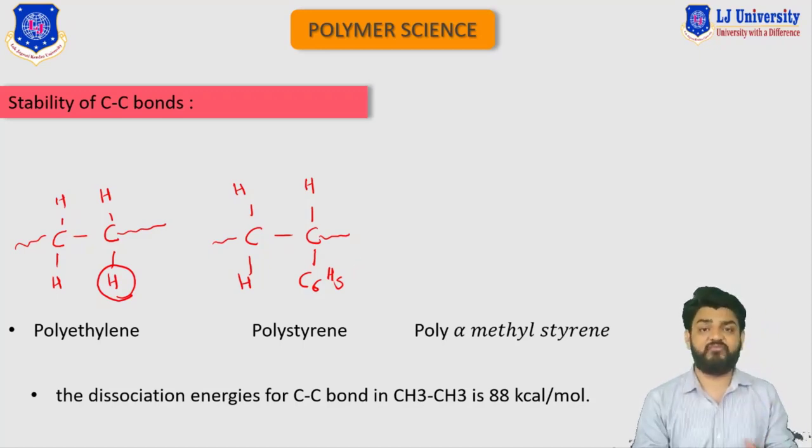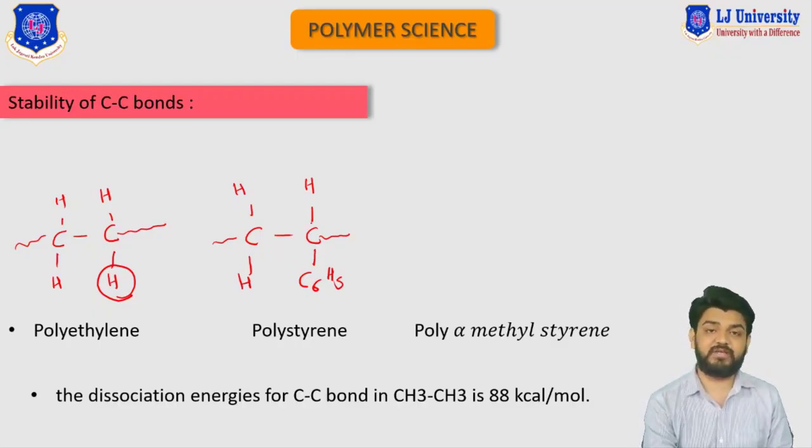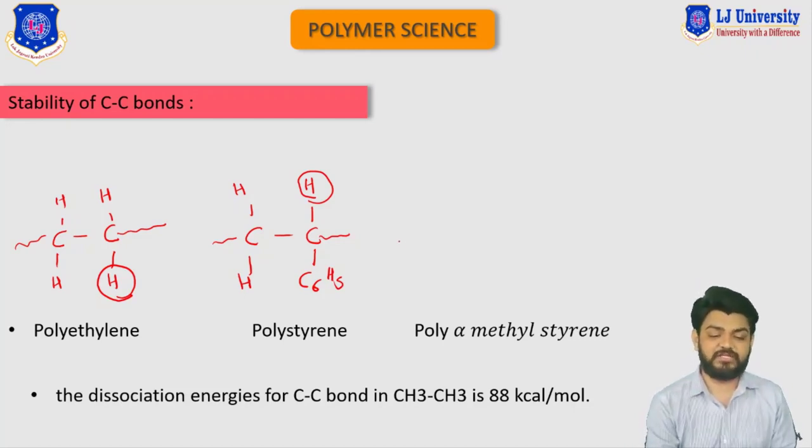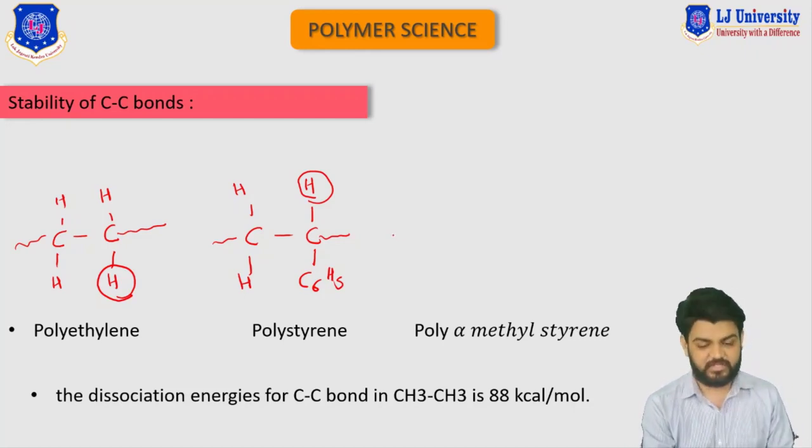Now let's understand one more structure, that is polyalpha methyl styrene. So in this specific example, this hydrogen is now again being replaced with the methyl group, that is nothing but the CH3 group. So let's see what the structure of this specific polymer is.